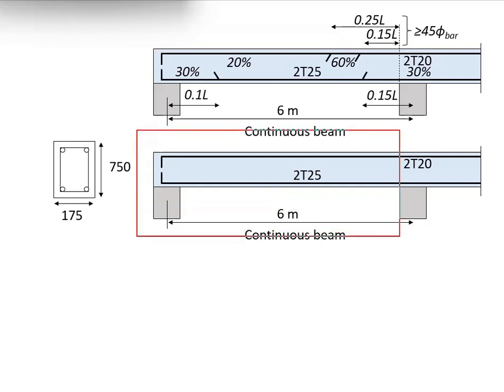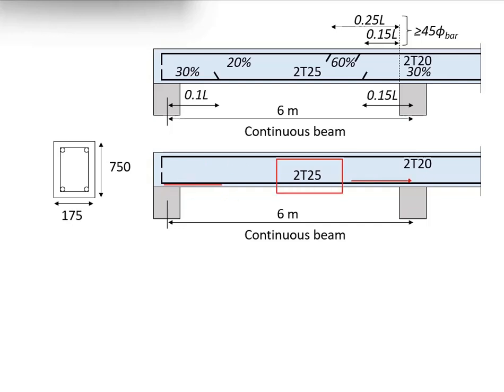That gives you a logical arrangement of the reinforcement bar, extending this 2T20 towards the end support, as well as extending this 2T25 to the supports without any curtailment. Only that this is going to be quite wasteful, especially at this region here, where you don't need that much reinforcement. Any additional reinforcement provided would be a waste.